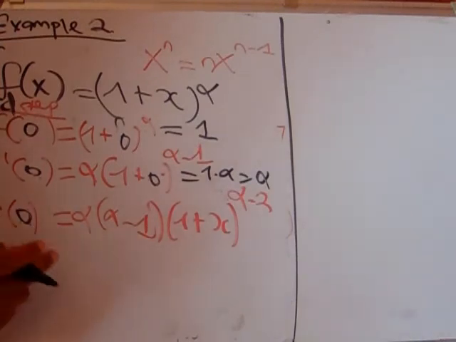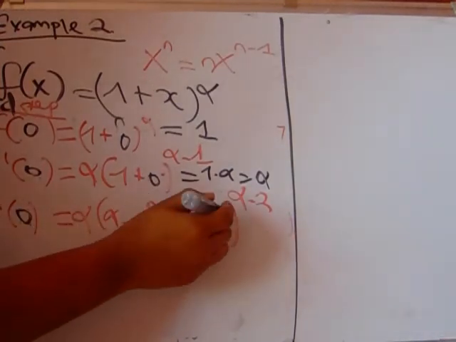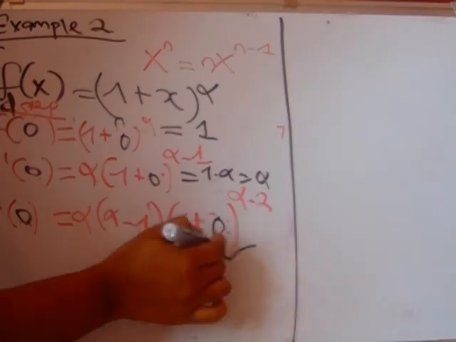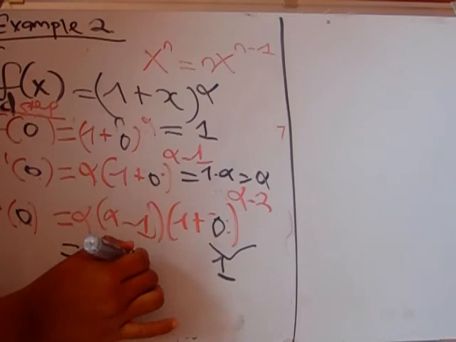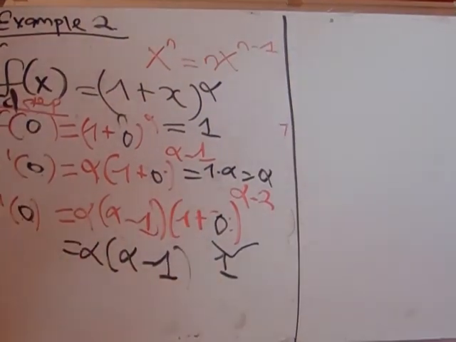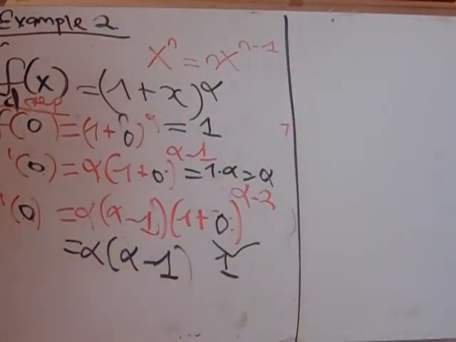For f prime prime of 0, I have 1 plus 0, which will also give me 1. 1 times this, I'll be left with this. So at this stage, we already know what our f of 0 is, our f prime of 0, and our f prime prime of 0. What we do now is to just replace it back into our formula, and that's all.